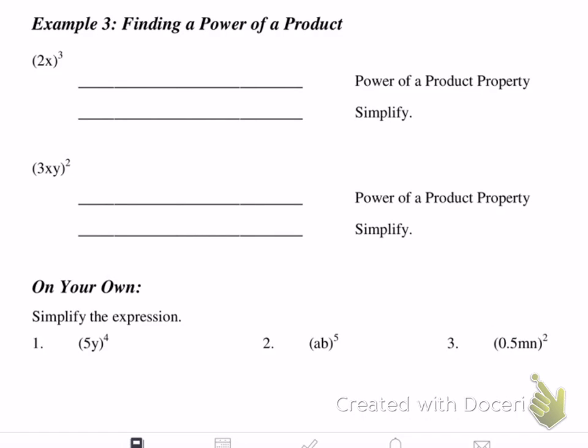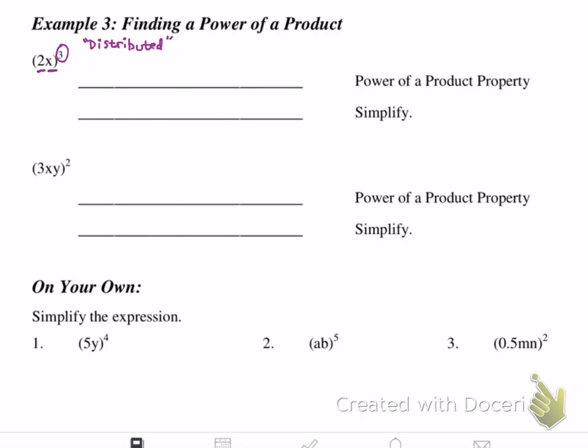The final example is finding a power of a product. So if you look here, inside this group I have two things, a 2 and an x, and a 2 times x all raised to the 3rd power. This exponent kind of gets distributed.